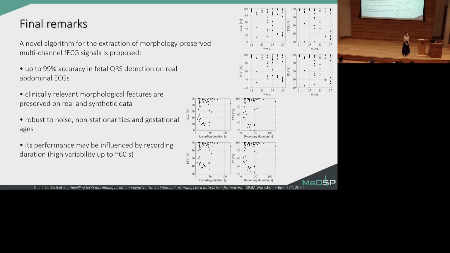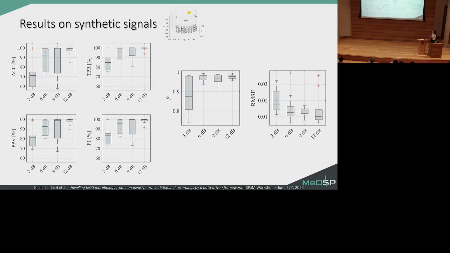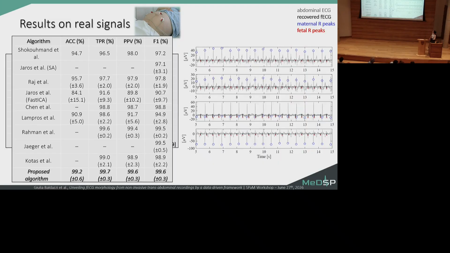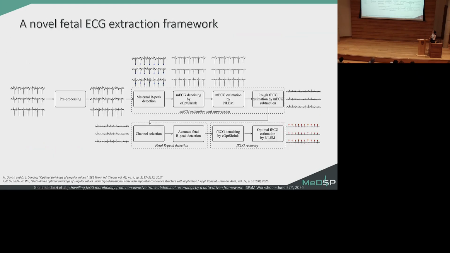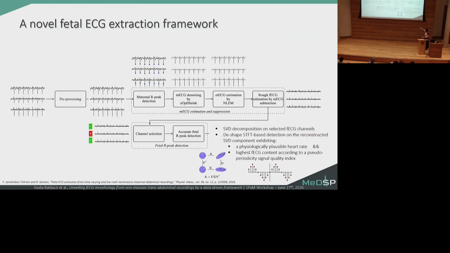No, actually, no. Even though we still didn't explore strategies for low computational implementation of the algorithm. I use the pseudo-periodicity just to select the best reconstructed SVD component among the available ones, to perform an accurate fetal R peak detection.